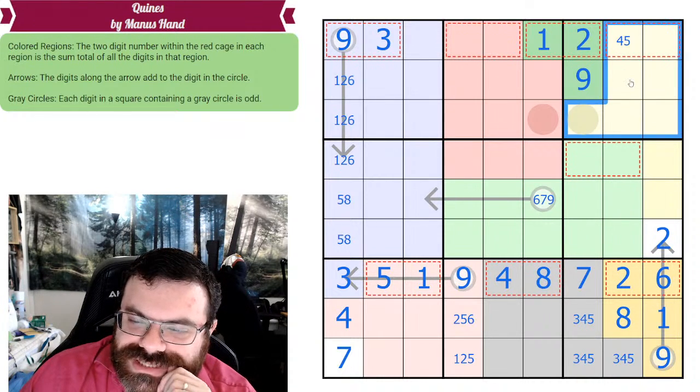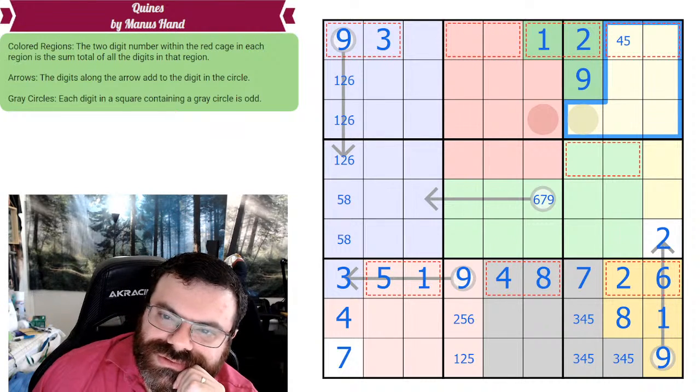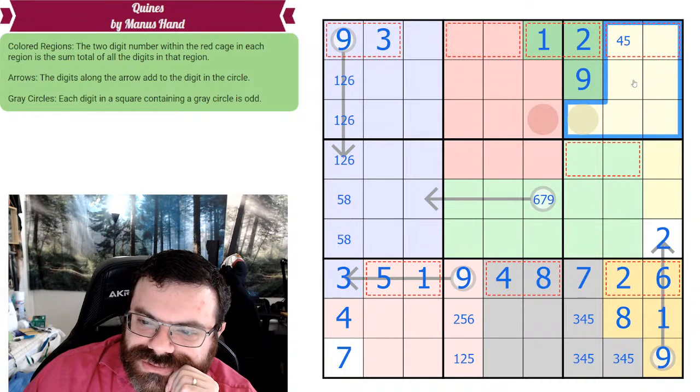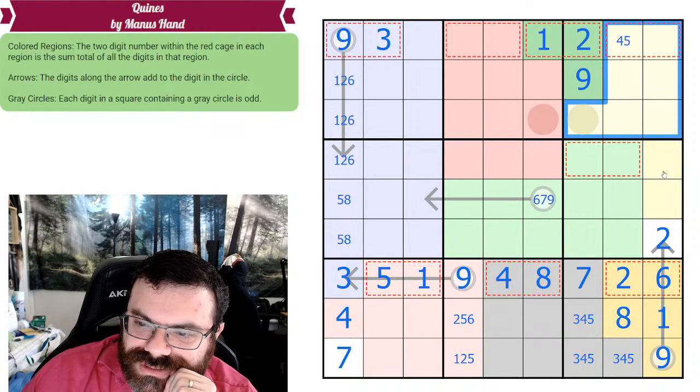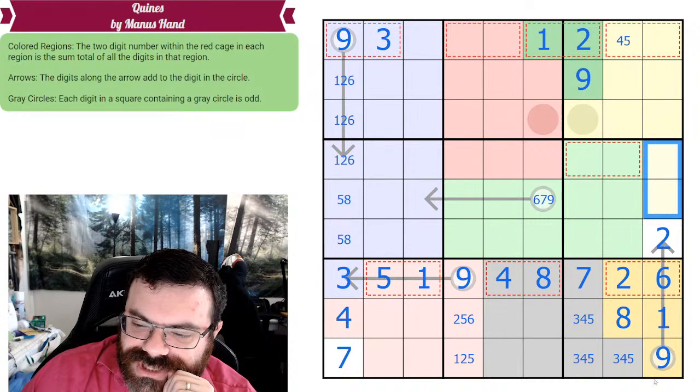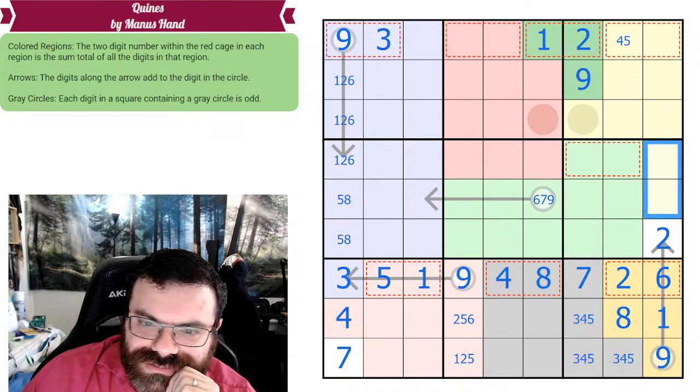Let's see. Actually, we know what this adds to now. So 45 minus 11. This adds to 34. And so we can do 34. Yeah, and this can be 8, 7.